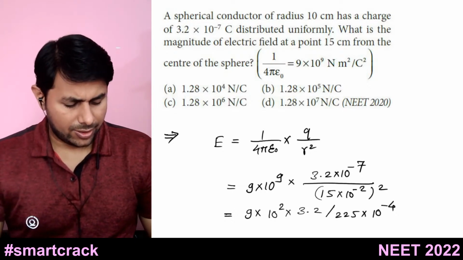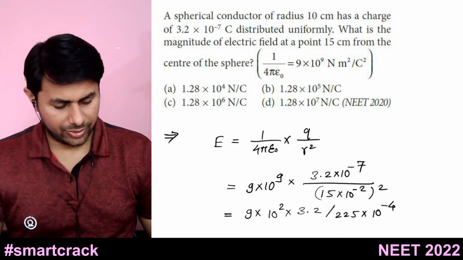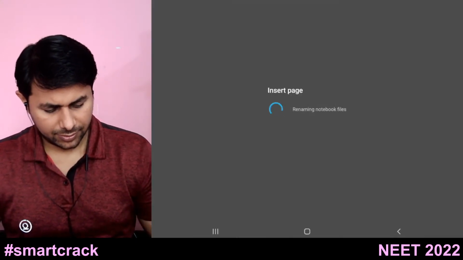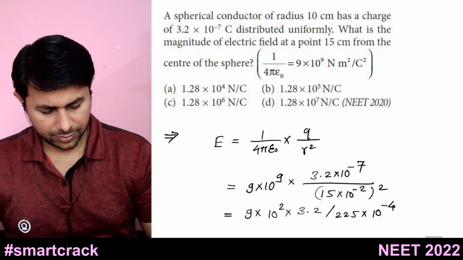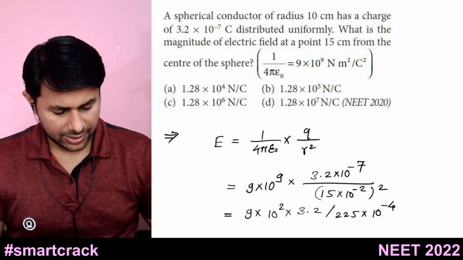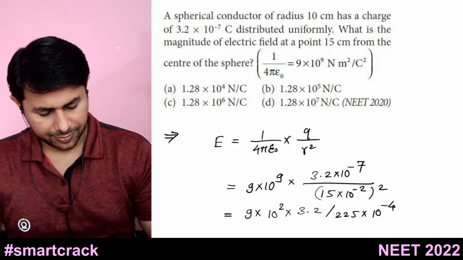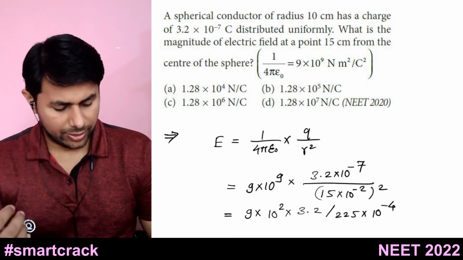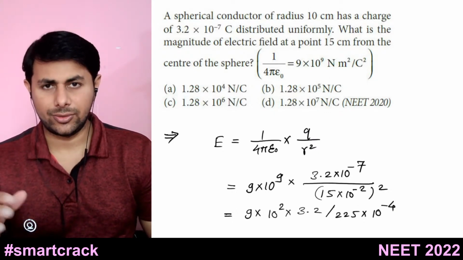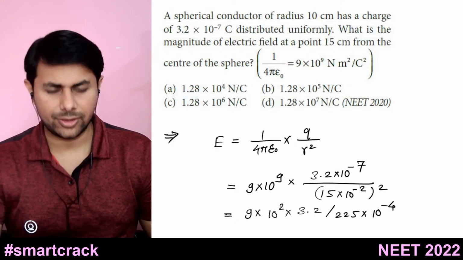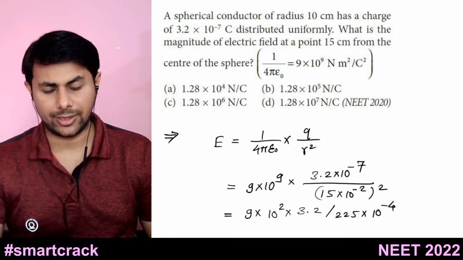Let's find the order of magnitude of this. I can write the denominator as 2.25 into 10 raised to 2, and we have 10 raised to minus 4 over here, so it is 2.25 into 10 raised to minus 2.